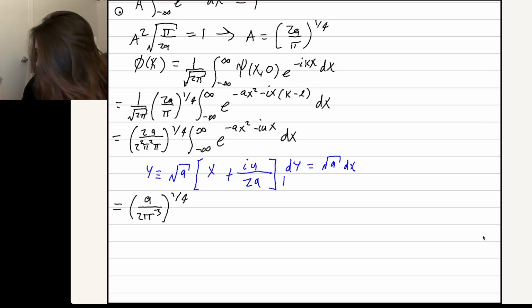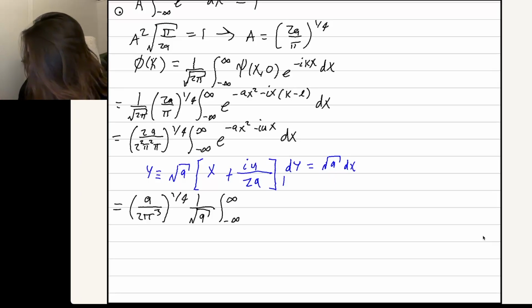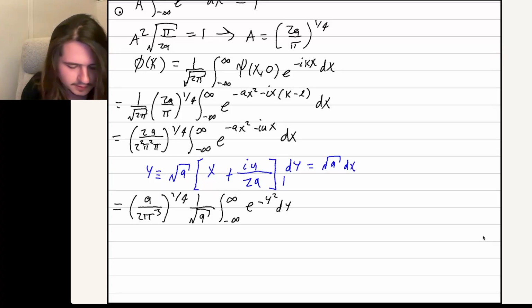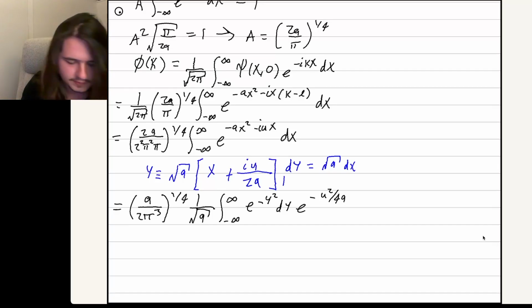But then also when we make the variable transformation, we end up with a factor of 1 over root a. Yeah, 1 over root a. And then this is now the integral from minus infinity to infinity. You're going to have the e to the minus y squared dy. And then you're going to be left over with this e to the minus u squared over 4a. Right.